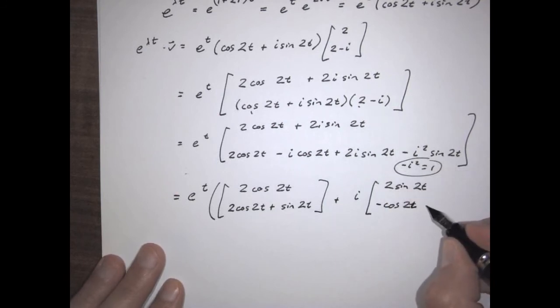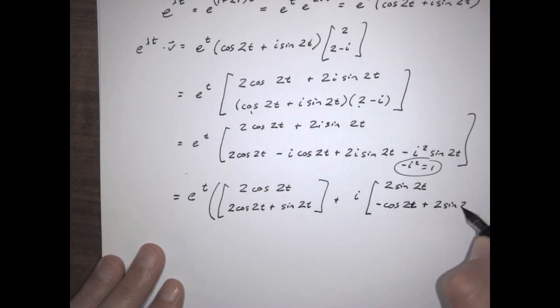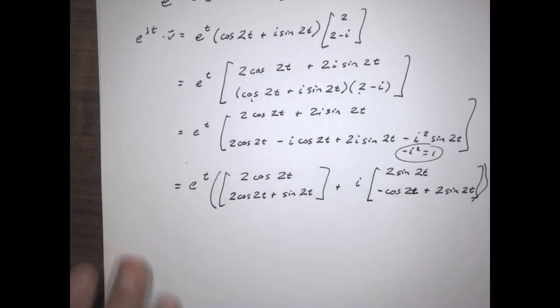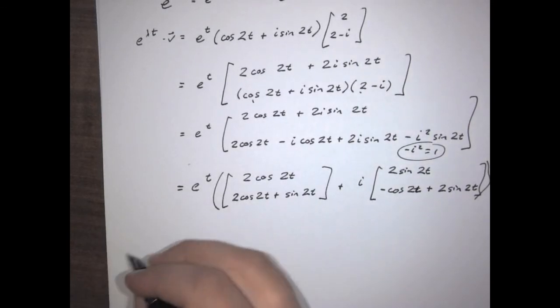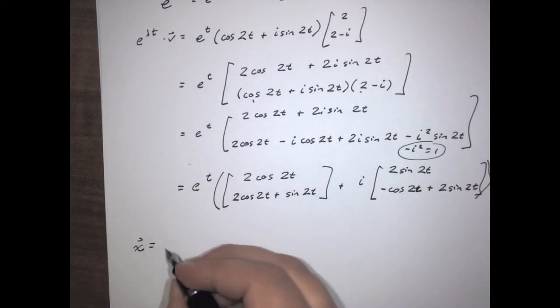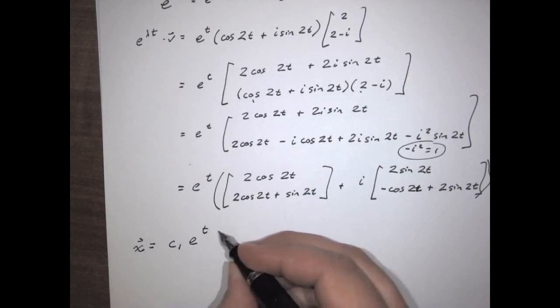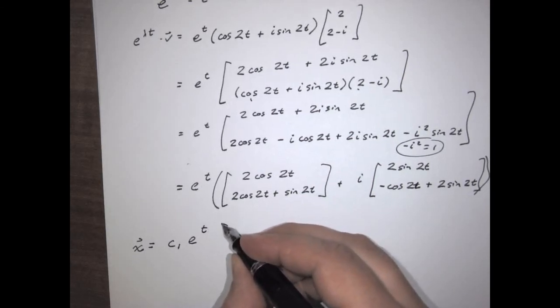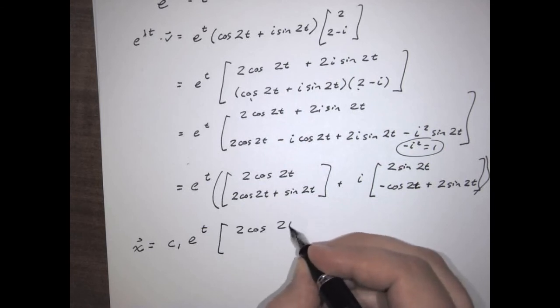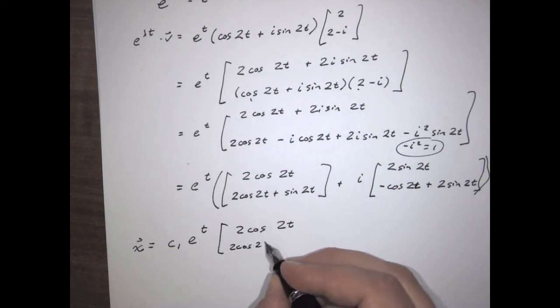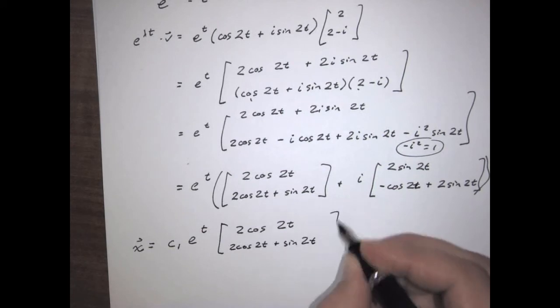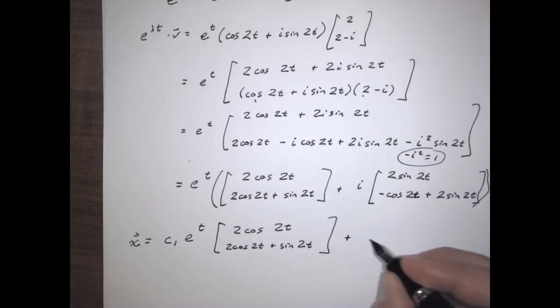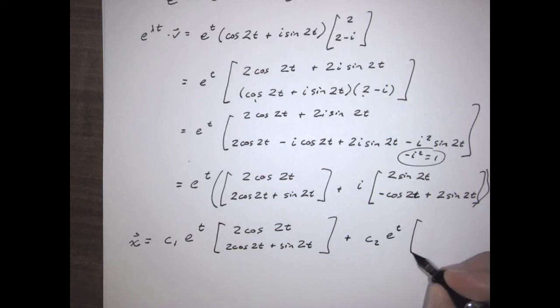And then that gives us our general form of the solution, that x is equal to c1 e to the t (2 cosine 2t, 2 cosine 2t plus sine 2t) plus c2 e to the t (2 sine 2t, negative cosine 2t plus 2 sine 2t).